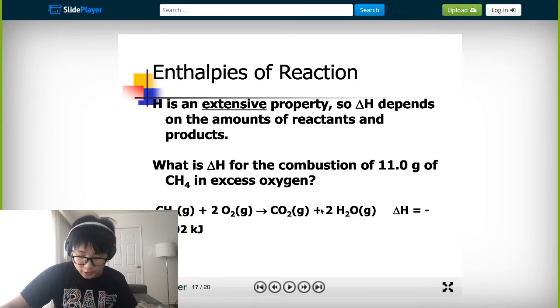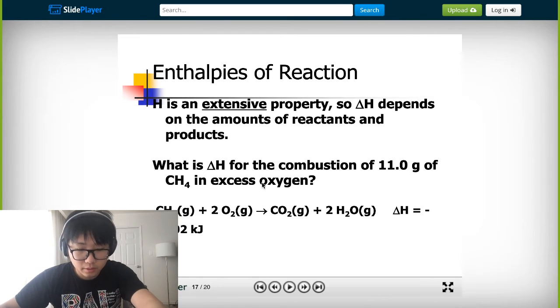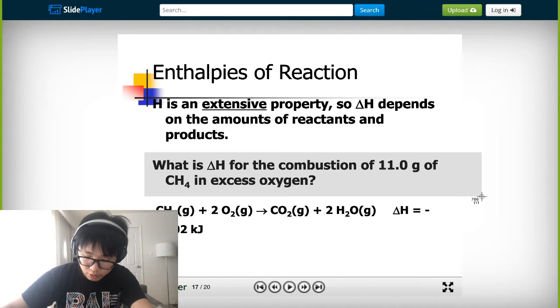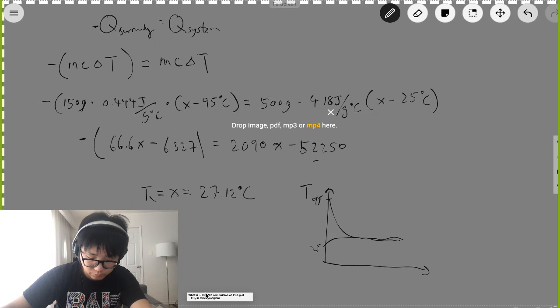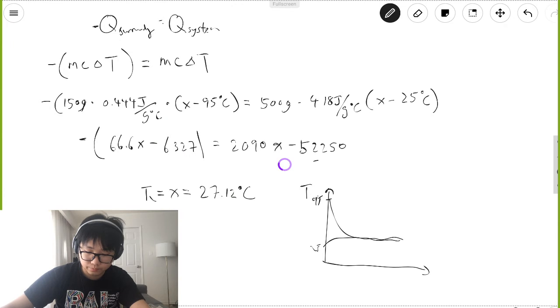So here, delta H for a combustion of 11 grams of CH4 and oxygen is going to be a negative value here. So we can actually calculate that from our textbook. Imagine our problem just says this right here. And this is our next type of problems that we need to learn how to do.